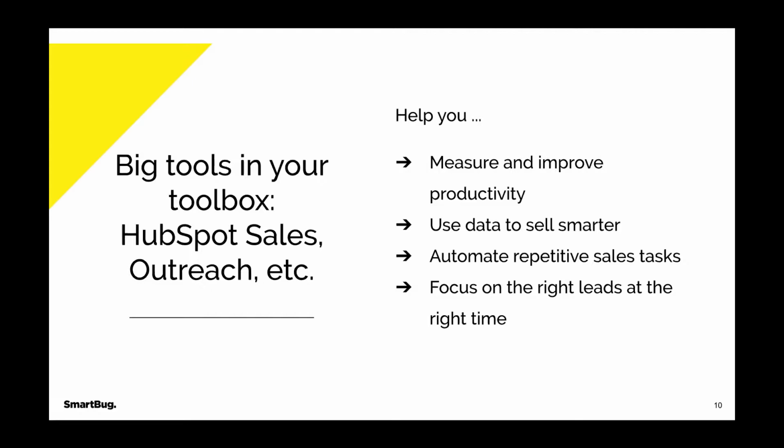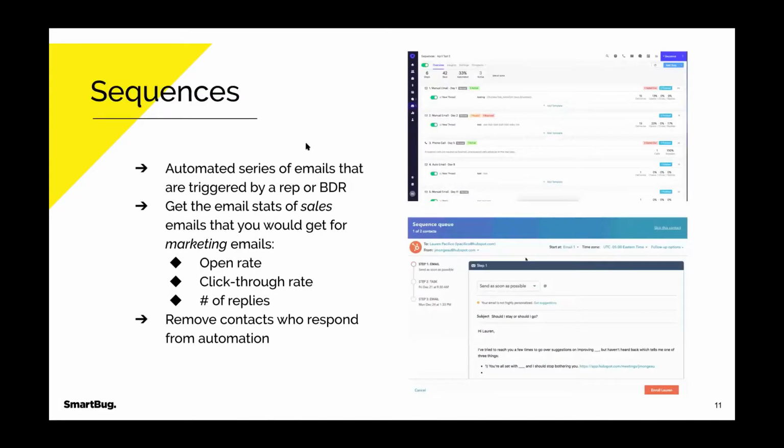So the first that we'd like to talk through is a feature called sequences. We have two different screenshots here, one from Outreach, one from HubSpot Sales. They help you automate emails and tasks that can be triggered by a sales rep or a business development rep, sales development rep. Things like, oh, I need to follow up and send a manual email in a day.